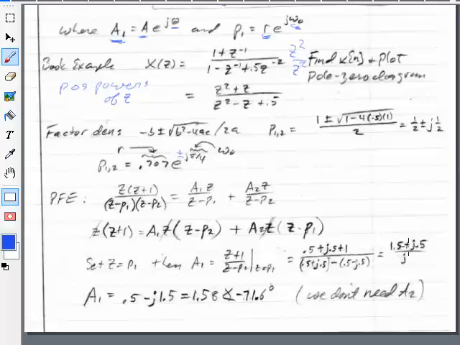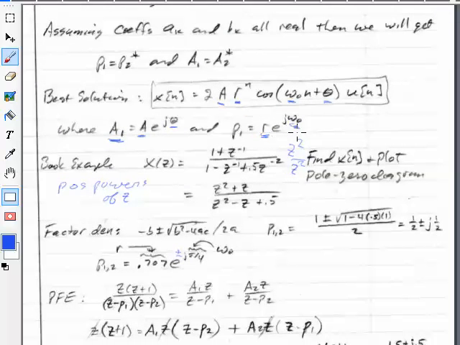Dividing j into that, you get 0.5 minus j 1.5. In polar coordinates, it's 1.58 angle minus 71.6. And notice we don't even need to find the second residue, A2, because when we plug everything in, I only need A1 to calculate A and theta.